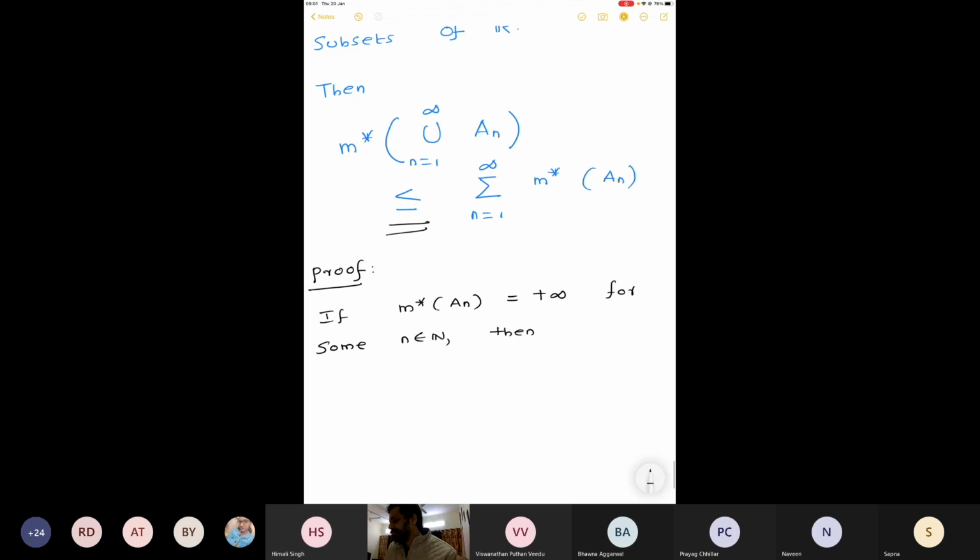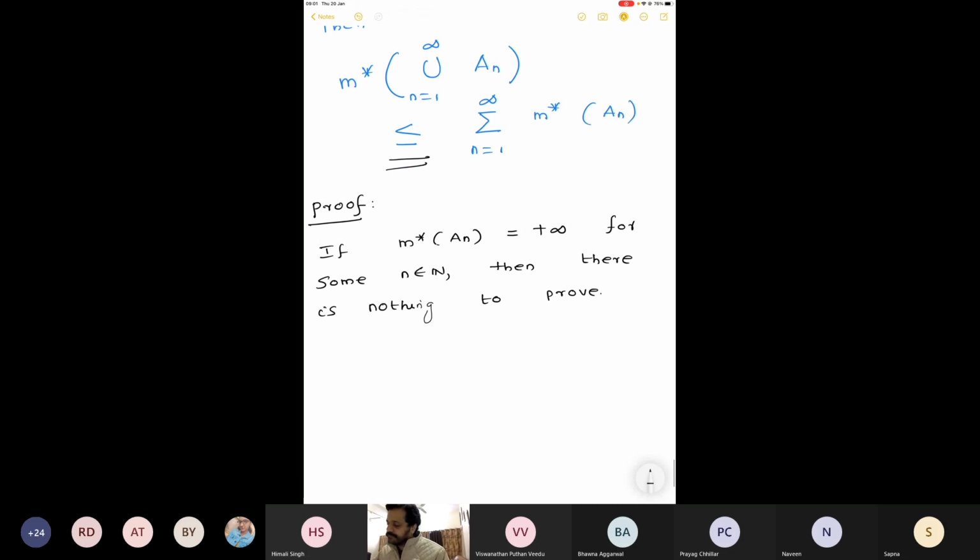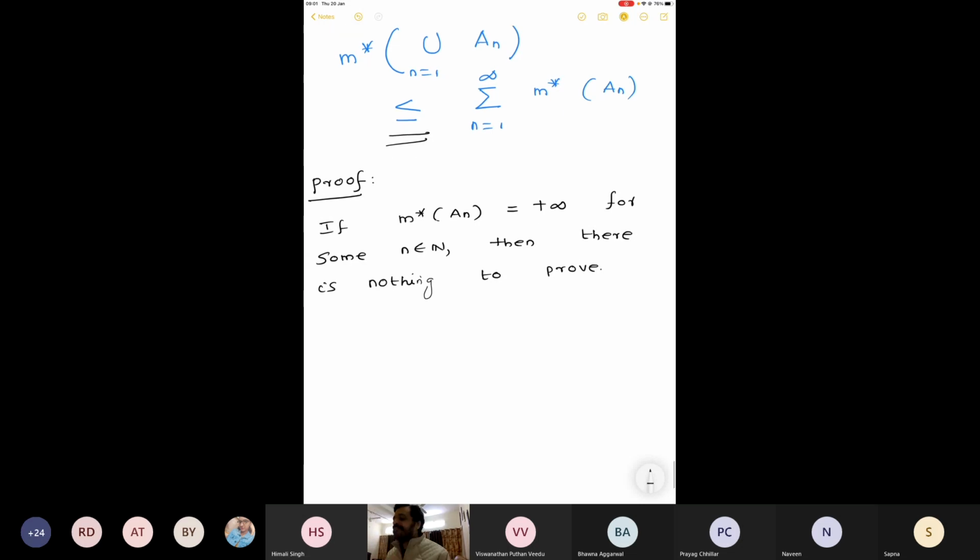Then there is nothing to prove. Do you agree? In that case, the right hand side becomes infinity. I don't bother about the left hand side, whether it is finite or infinity. In fact, it will be infinity because the union contains A_n, and monotonicity will give you that once m star of A_n is plus infinity, m star of the union of A_n will also be plus infinity.